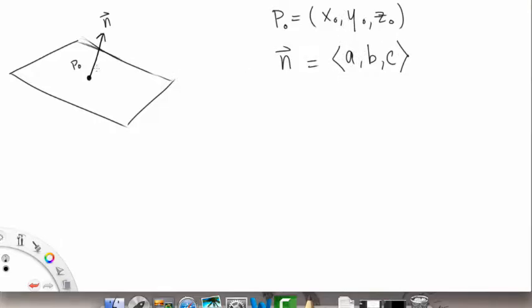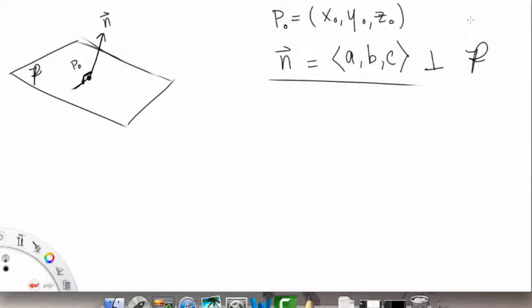Whenever you see the word normal, you're going to think that it is perpendicular to something. In this case, the normal vector is perpendicular to the plane, and I'll call it fancy P, the plane P.